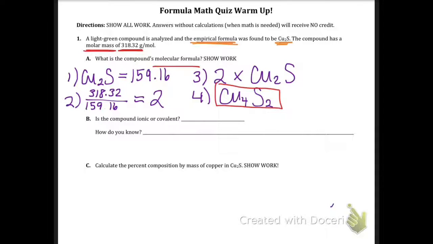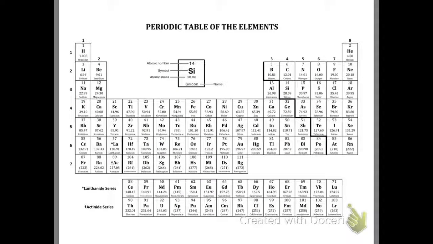Now, is this compound ionic or covalent? So if you forgot the trick, a long time ago I taught you about I'm on CNN. Ionics are metals and nonmetals. Covalents are nonmetal and nonmetal. So look at copper. Copper is right here.